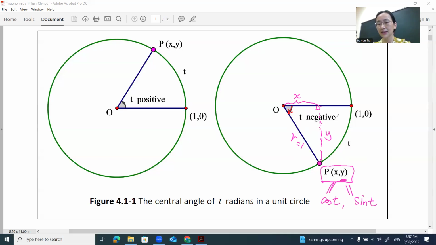So when you pick a point on the unit circle corresponding to this t, the xy coordinates are simply the cosine and sine values of t.